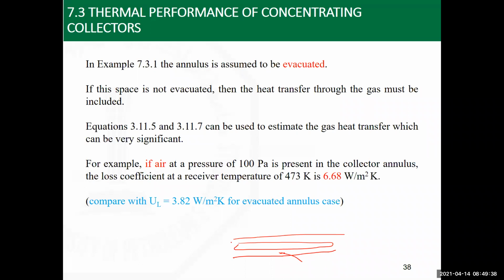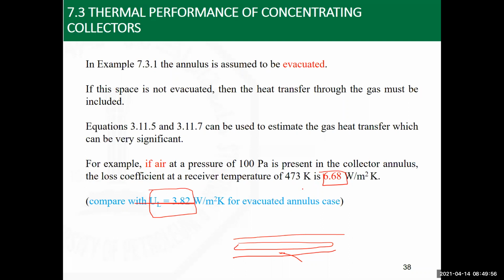We solved it previously, and with the vacuum, the value of UL, or the overall loss coefficient, is 3.82. If we consider there is air in between the two surfaces, then it leads to a loss coefficient of 6.868.